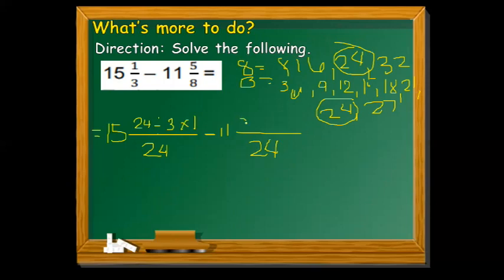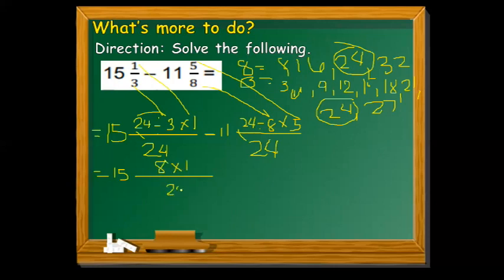Kabila naman, 24 divide, yun dito sa baba, 8 times 5. Ito yung 3, ito yung 1, ito yung 8, ito yung 5. Ito naman yung 24. Ginaya lang natin siya, di ba? Equals 15. Okay, 24 divide 3 equals 8 times 1.